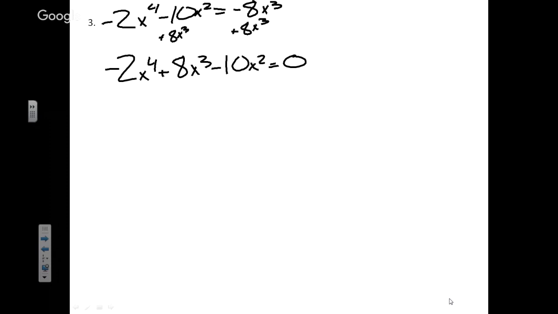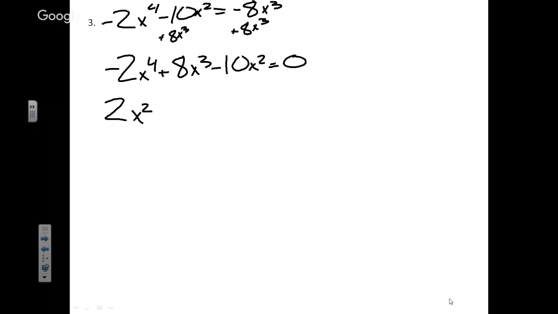But then the next step was factoring out the greatest common factor. So what's that going to be here? 2. Then what about with our x's? What's the most amount of x's that we can take out of all of these? X squared. So if we have, you want to make it negative?